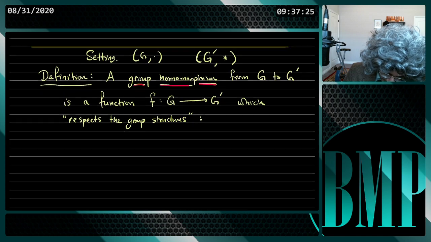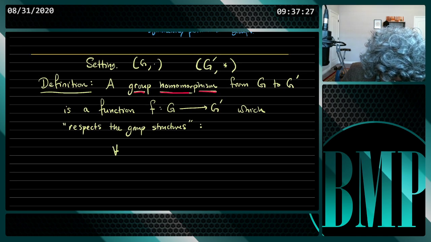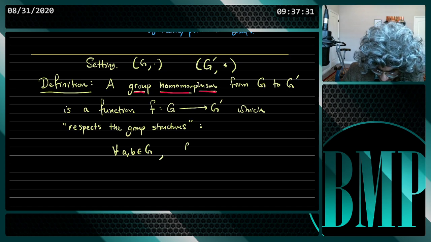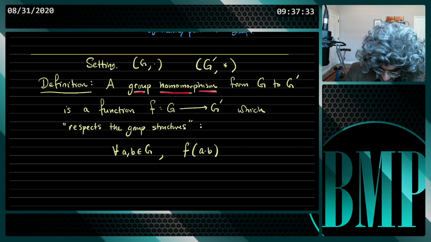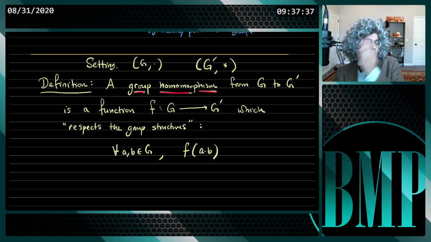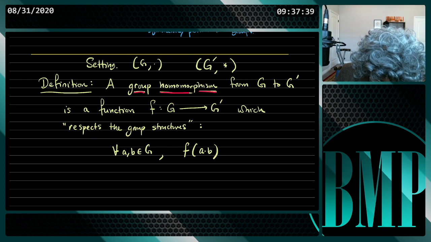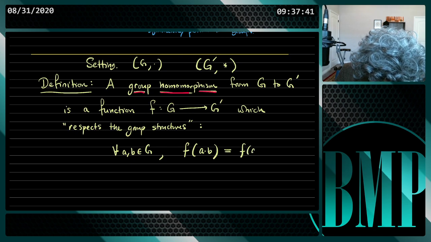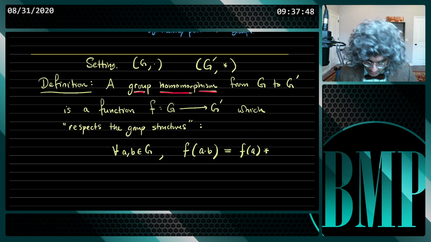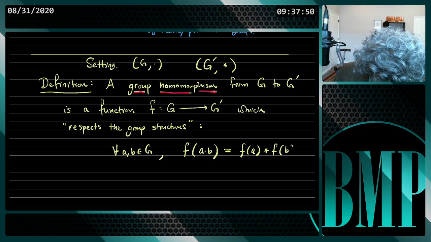And what that means is, for any two elements A and B in the domain, if you do A times B in the group G, and then you see what F sends it to, it's the same as if you did output number 1 times, in the other group, output number 2.